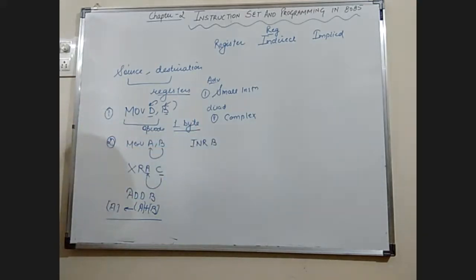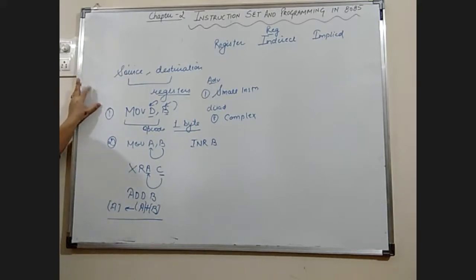So these types of instructions are complex and we don't know what is actually present inside the registers. These instructions come under the register addressing mode and their size is 1 byte.